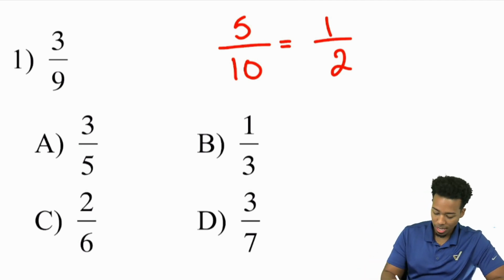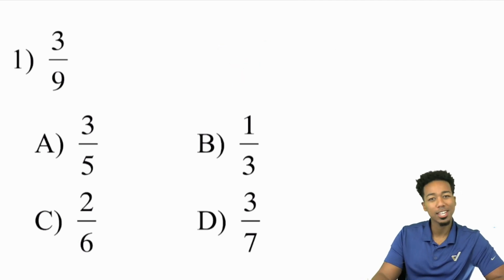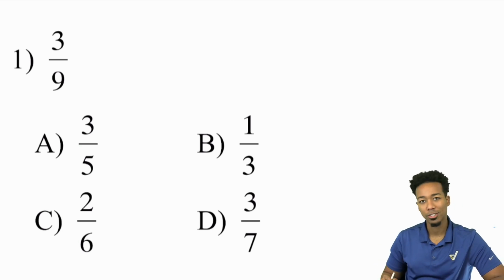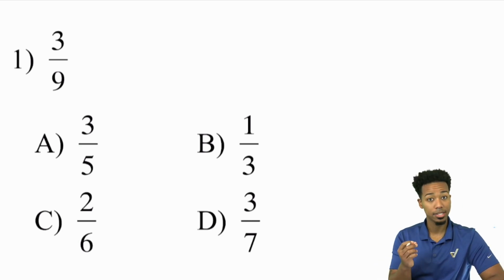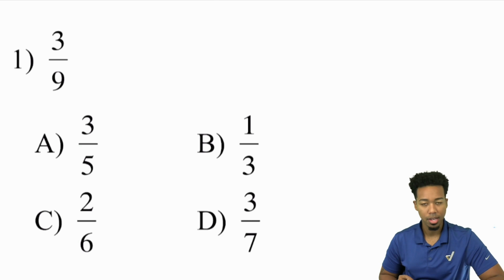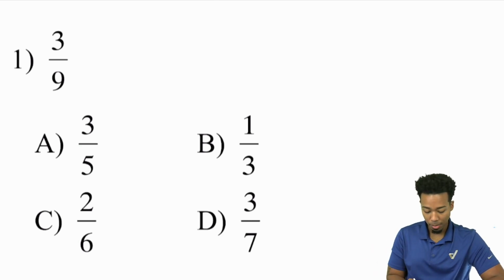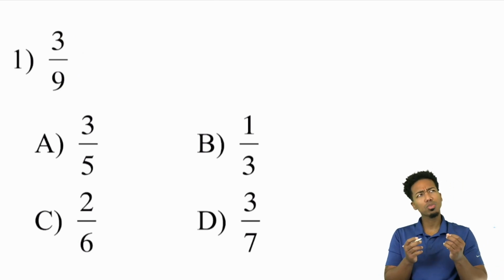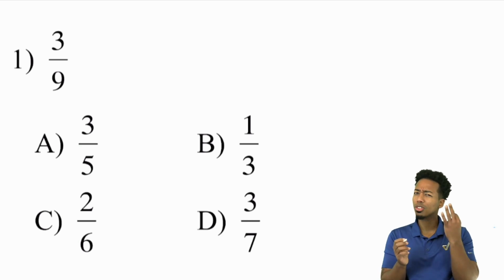So with that said, let's understand how to do this. Let's get rid of this over here. 3 over 9. The way that you're going to simplify fractions is by understanding common factors. A common factor, long story short, is basically the same number that can multiply into this number and this number. When you look at 3 and 9, aren't 3 and 9 both divisible by 3?